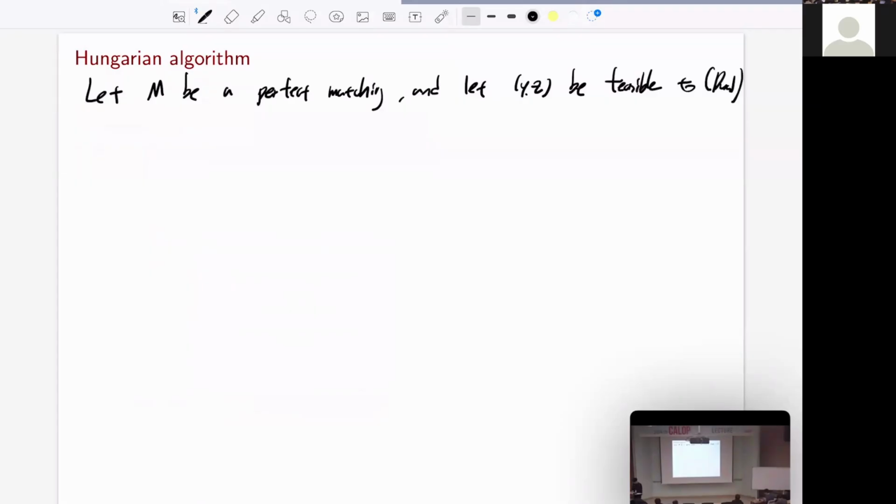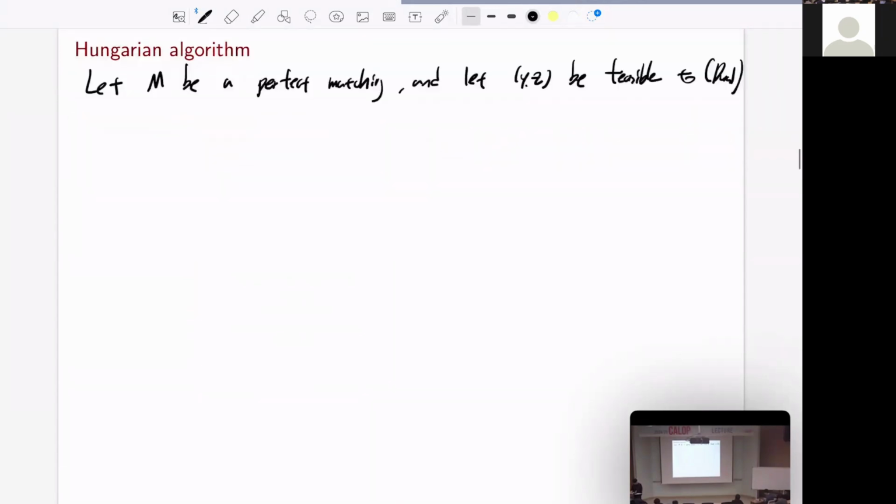I want to look at the weight sum for this matching, the sum of w_uv over the edges in the matching.